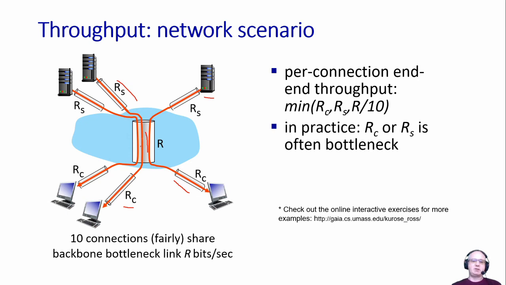And so if there are, let's say, 10 connections that go through there and they fairly share this, then each would essentially obtain a tenth of this connection. And then the bottleneck would be the smallest of the server, the client, and this bottleneck link. In many cases in practice, it will be the so-called last mile, that is the connection to the access network that is the bottleneck.